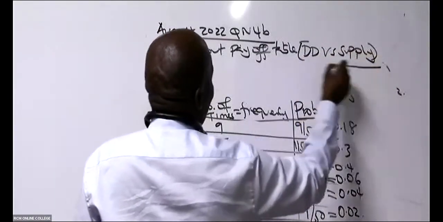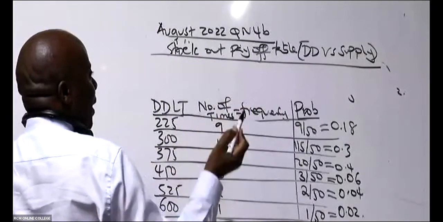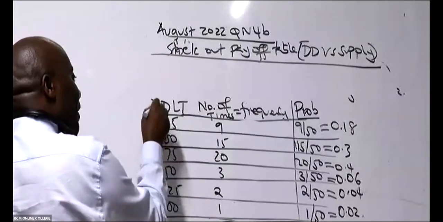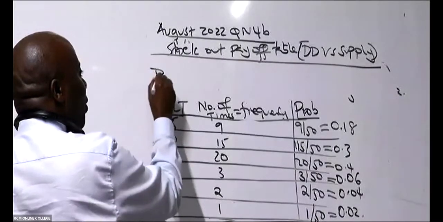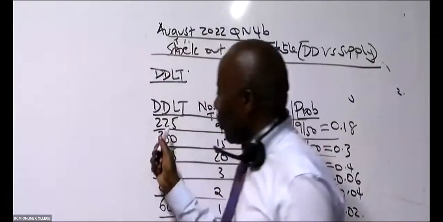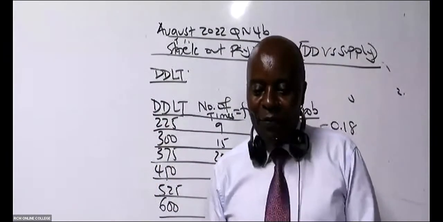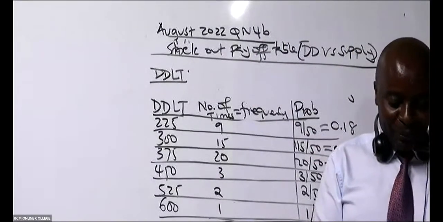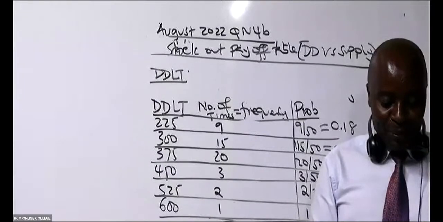Supply. You can call it a demand supply table, whichever name you want to use. So you're going to copy this exactly here. You're going to have here your DDLT. But this time round, I'm not going to start from 225. For this stock out payoff table, where should I start from?